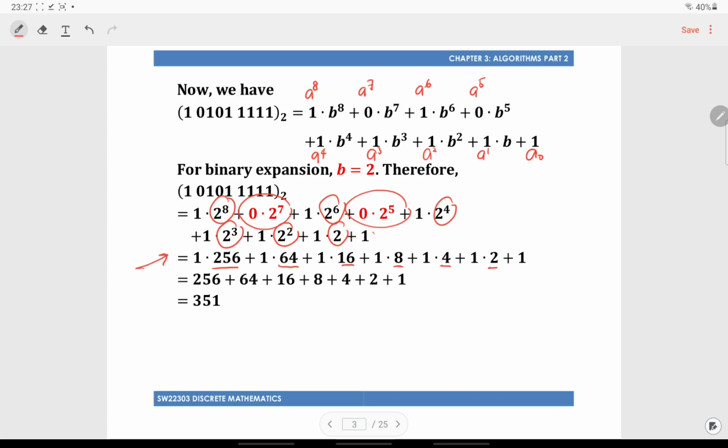From this equation, we can perform the multiplication. Because the multiplication is with 1, we write all the original values.